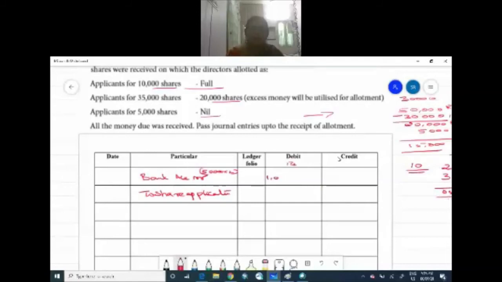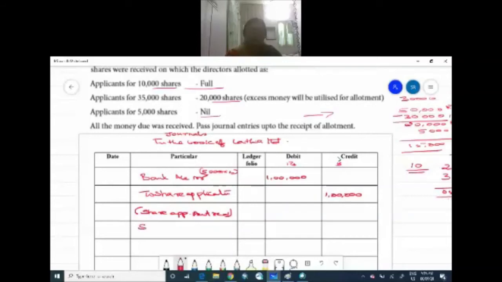You can write rupees here. In the books of whom? Journals. In the books of Lalita Limited. So 1 lakh, being share application amount received.